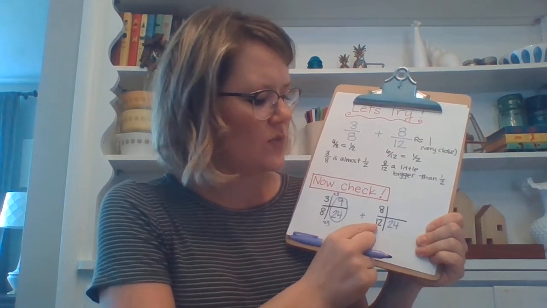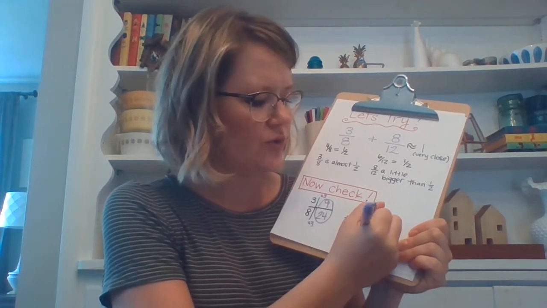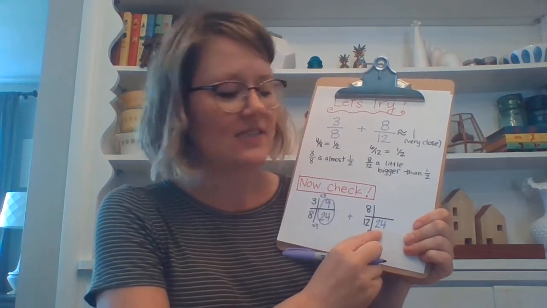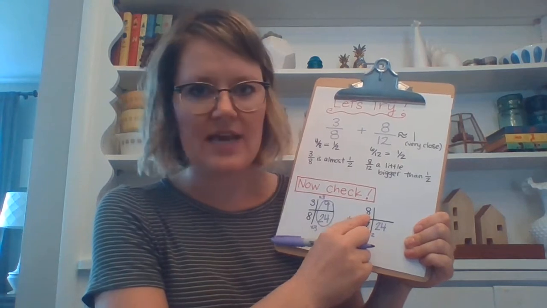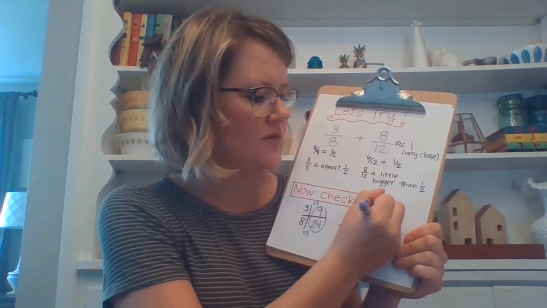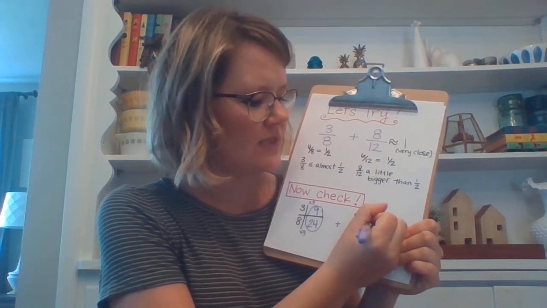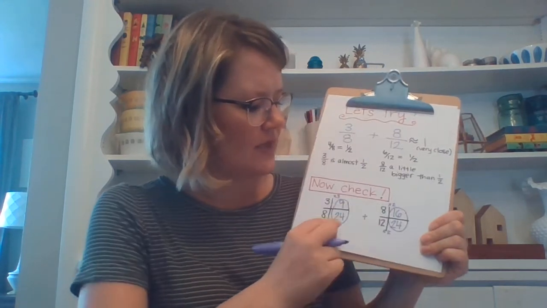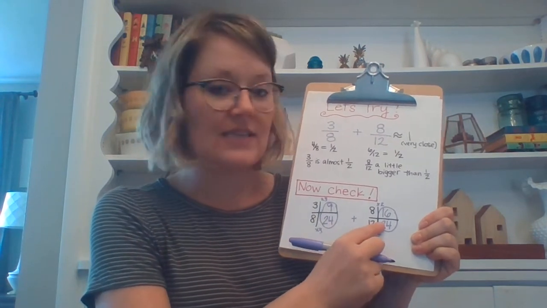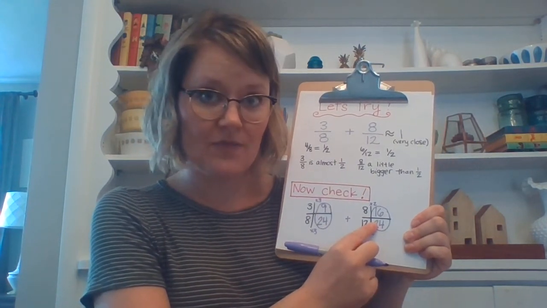And 8/12, we did 12 times 2 to get to 24. And since those pieces got smaller, we have to multiply these pieces up here because we need more of them to keep it equal. So 8 times 2 is 16. So now we have 9/24 plus 16/24.